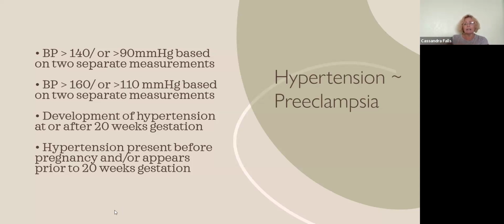Then when we're looking at preeclampsia, we're looking at a reading of 160 over 110, and we're looking at that to be paired with one other symptom. Okay, so another symptom to make the diagnosis of preeclampsia.